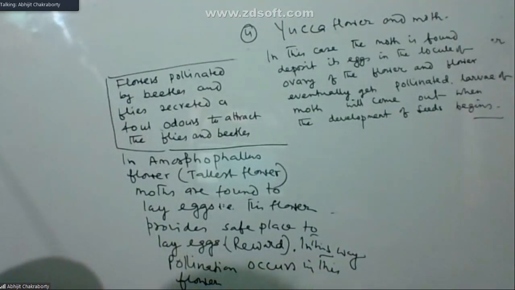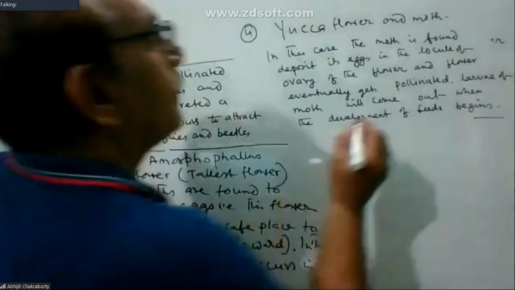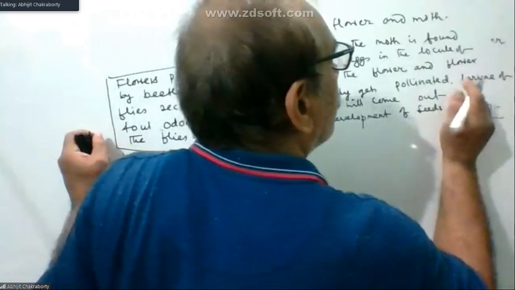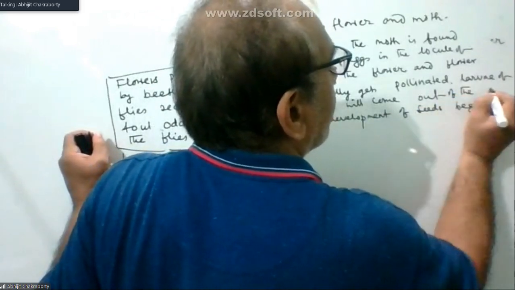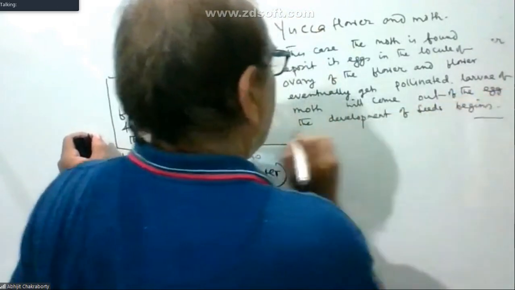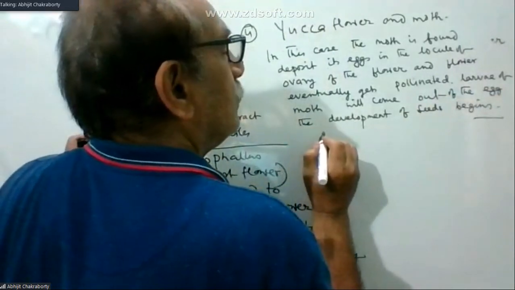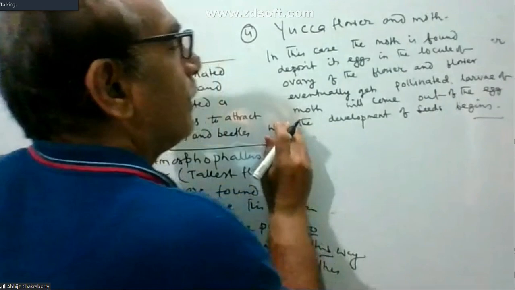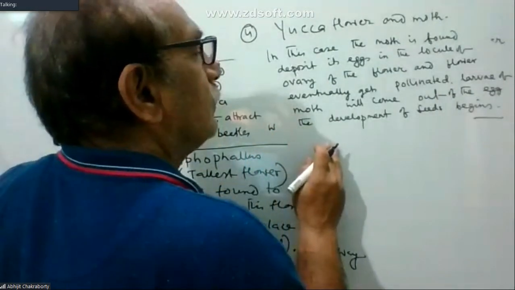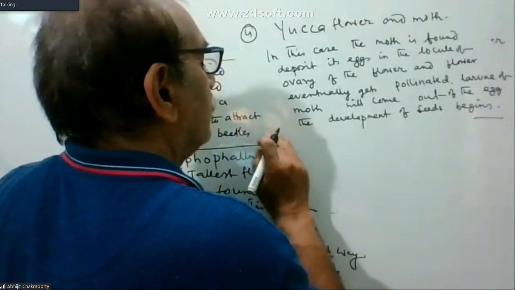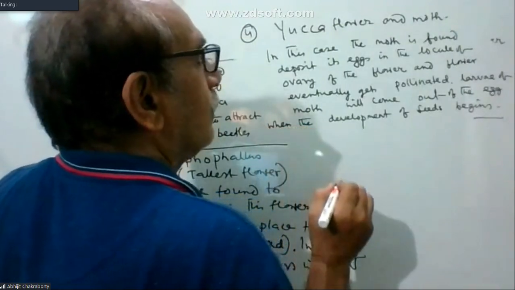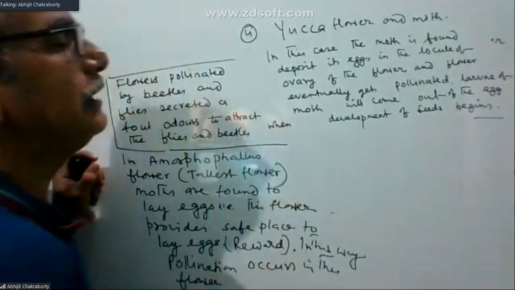From the egg. They come out of the egg when development of seeds begins.